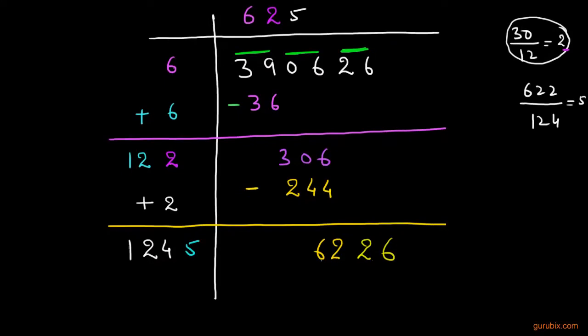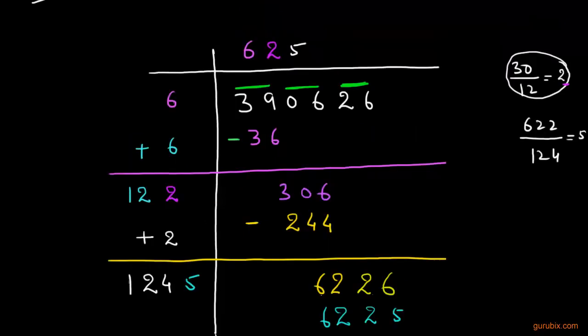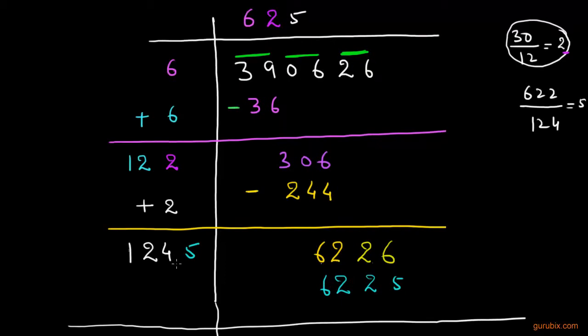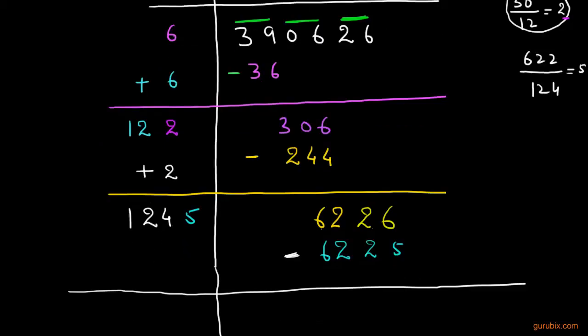And now we shall multiply this number 1245 with this digit 5, and if we multiply this 1245 with this 5, we get 6225, and here is 6226. So if we subtract 6225 from this 6226, we get 1.